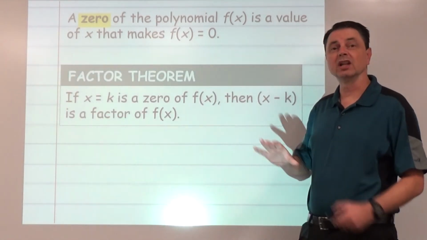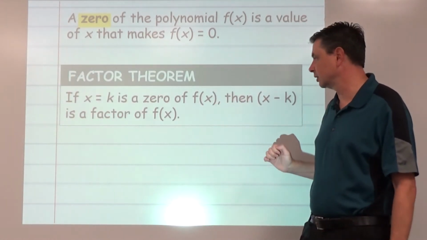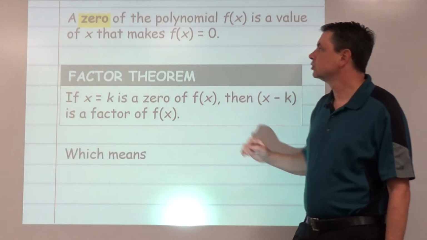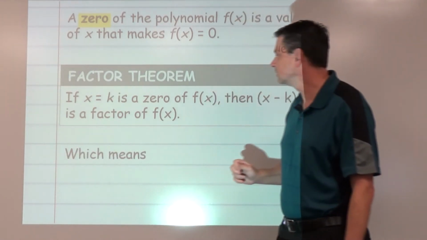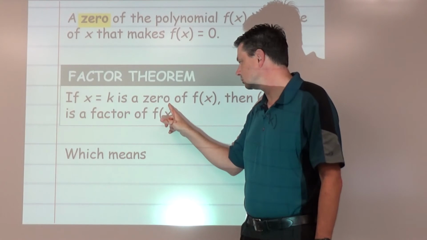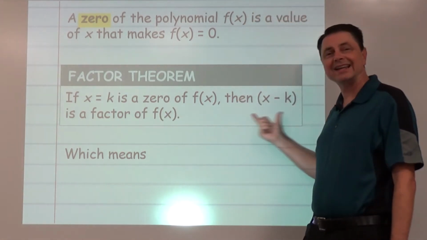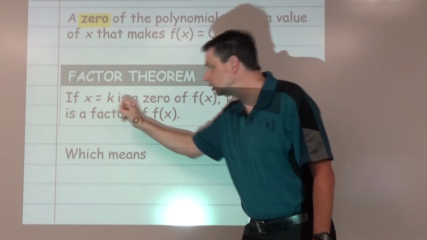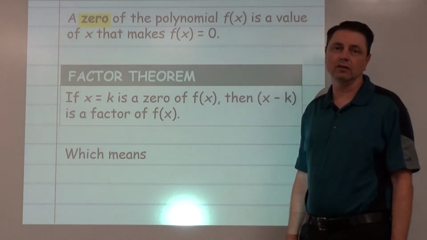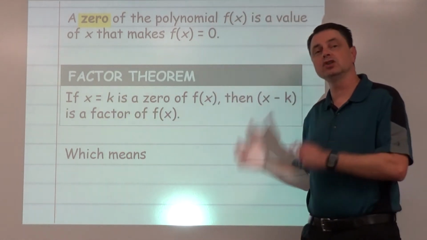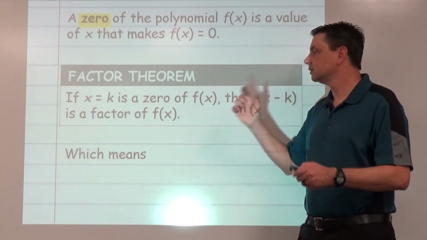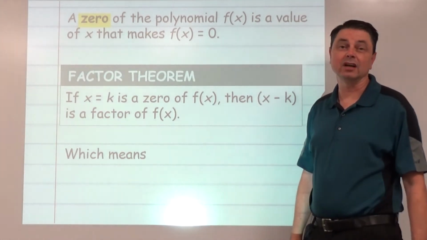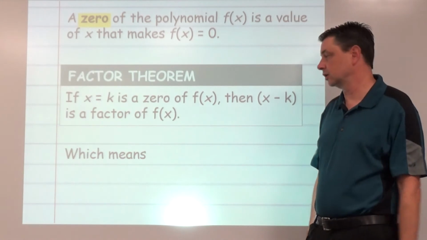Going along with that is the factor theorem. If k is a zero, then turn that into a factor. x minus that number is a factor of our function. And we're going to need to do that to find other factors and find the zeros.